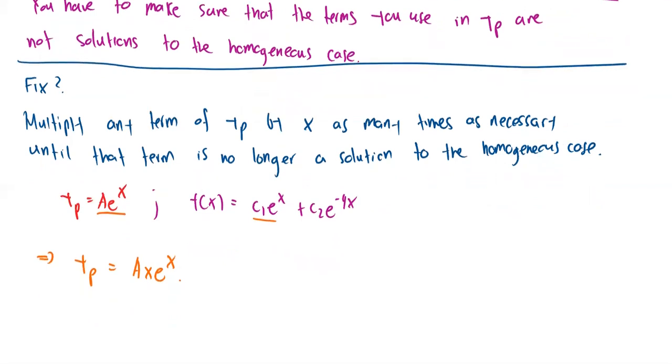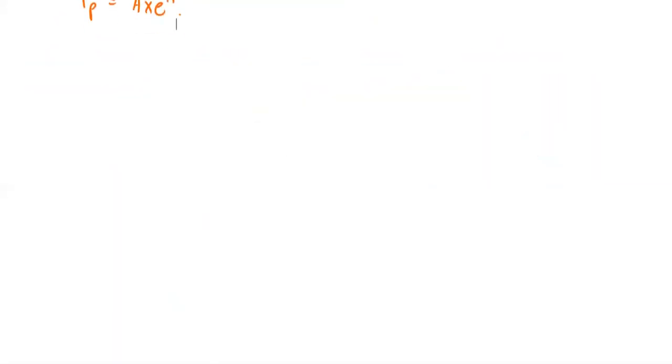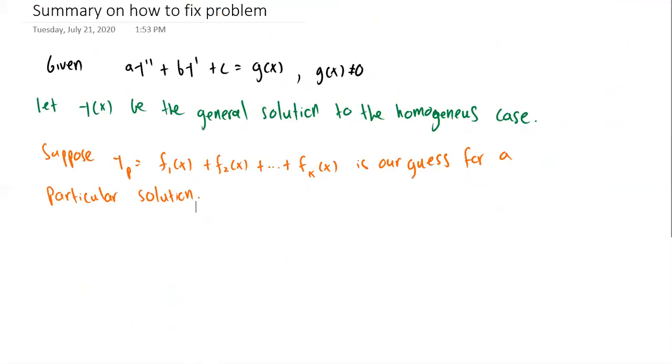So I'm going to do that in general. A summary on how to fix the problem in general, if you have more than one term. I gave you an example where the particular solution had only one term. So let's see in general if your particular solution has more than one term. Given a second order linear non-homogeneous ODE with constant coefficients, we already know it looks like this: a y double prime plus b y prime plus c y equals g of x, where g of x is not equal to 0.